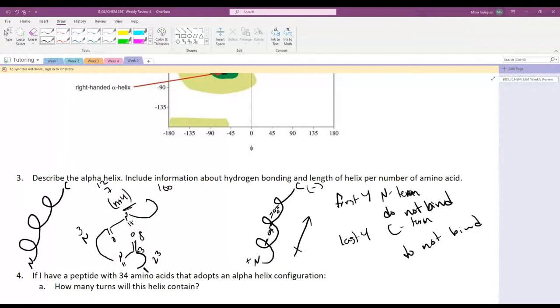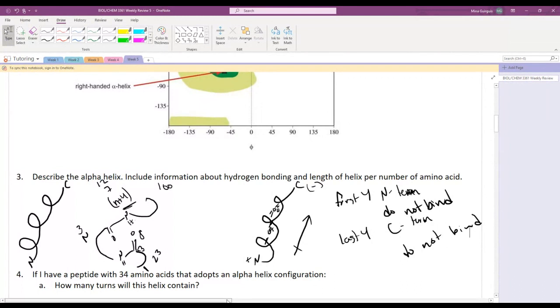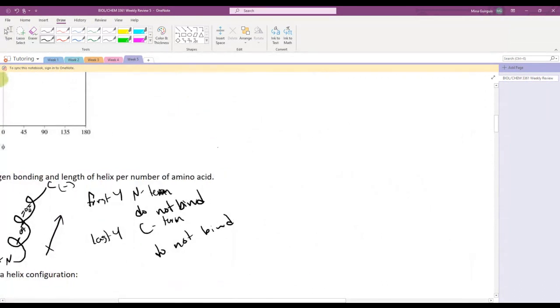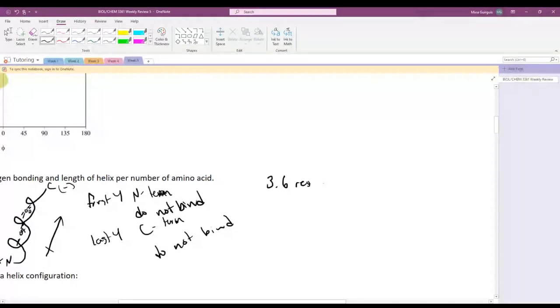Okay, so that's a little bit about the stuff with alpha helices. The next thing we need to talk about is the numbers. So for alpha helices, they generally want you to know three numbers. You can get away with two, but I'm going to give all three. So the first is that an alpha helix is 3.6 residues per turn.